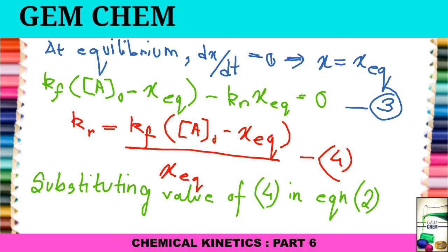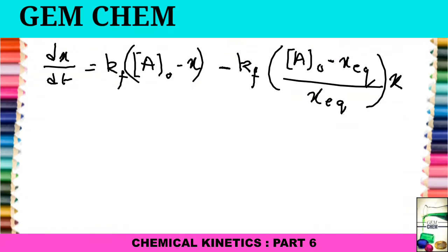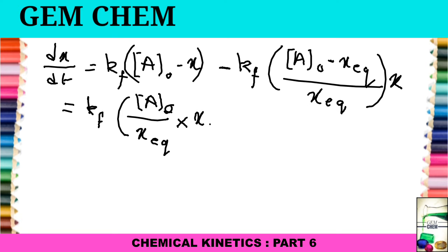Here, since this is only X, we will write it here only X. Now this simplification is required. See here Kf, and here it can be written as A0 by X equilibrium multiplied by X equilibrium.